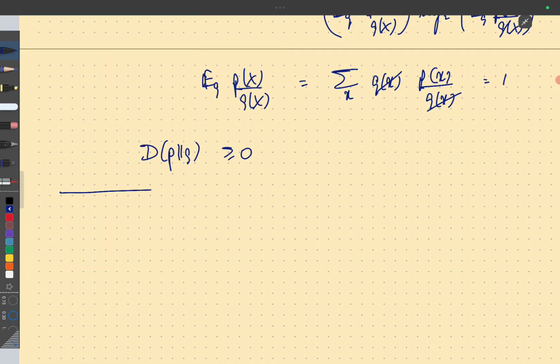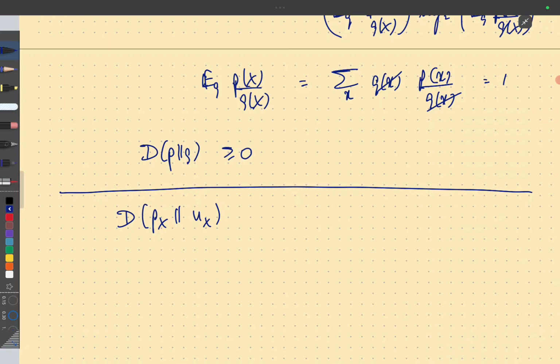Okay, great. So now this itself immediately gives us some nice consequences. The KL divergence is greater than or equal to 0, and we saw that for any distribution, the KL divergence between the distribution and the uniform distribution is equal to log cardinality of X minus the entropy of Px.